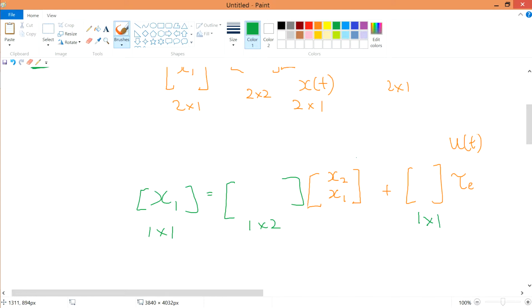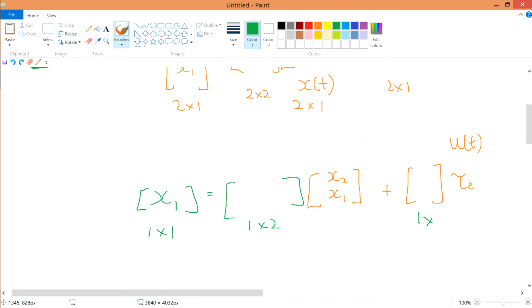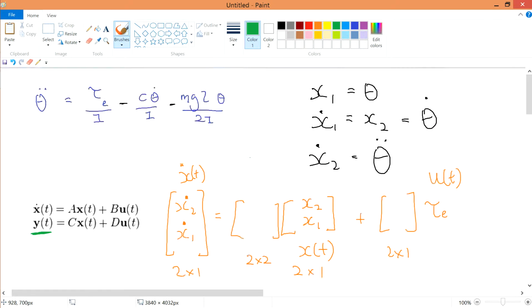If you want to add up one matrix with another matrix, you have to ensure that they are both in the same order, 1 times 1, 1 times 1. If it's 2 times 2, then this must be 2 times 2 also. This is just the rule itself. And therefore this is 1 times 2. And then the rest of the coefficients, I believe you already know how to sub in.